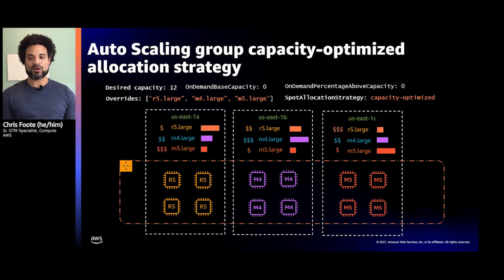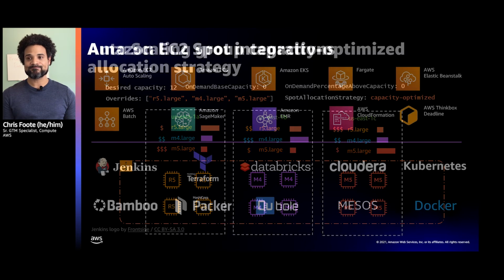And then for 1C, the M5 will be chosen. So the goal here is to reduce spot interruptions by choosing capacity from the deepest pools. And this is what Capacity Optimized is built for, and we expect most customers to use it for most workloads.